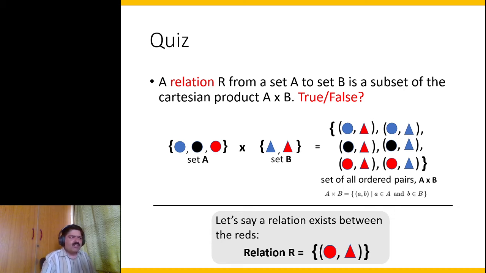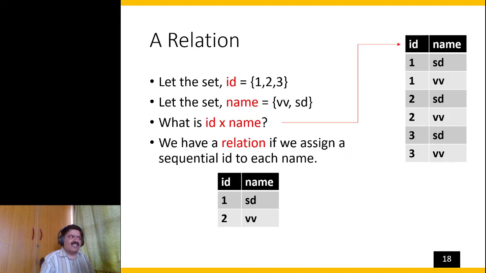But why are we talking about relations and how are these related to a database? So let's take a look. So let's say I have a set ID which is 1, 2, and let's say there is another set whose name is name, and it has two elements VB and SD. So let's say these are two instructors at CMI, VB and SD.